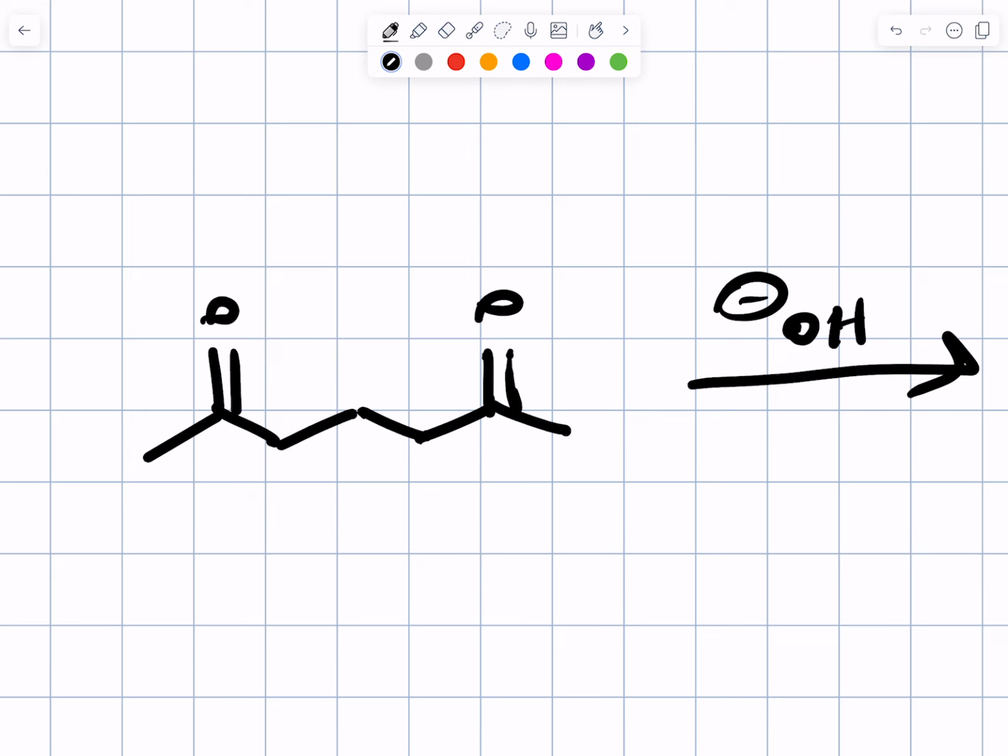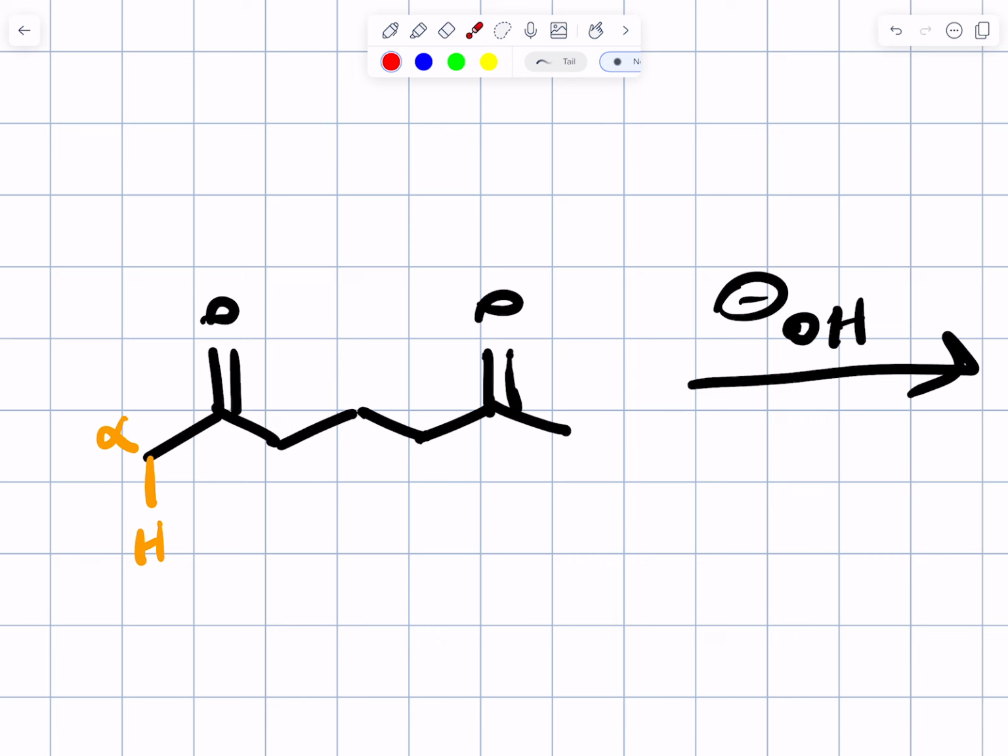Which product? What other products are you thinking about? You were noticing that I have 2 different alpha protons here. Now, thankfully, the ketones are identical by symmetry, so we don't need to worry about which ketone is the enolate and which ketone is the electrophile. More on that gem of a problem in a little bit.